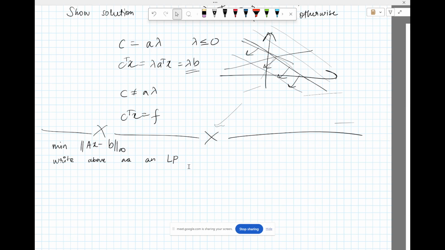Okay, you know what this infinity norm means? No, sir. So V is a vector of some k dimension, then the infinity norm of V is max over i of the absolute value of V i, where i goes from 1 to k.